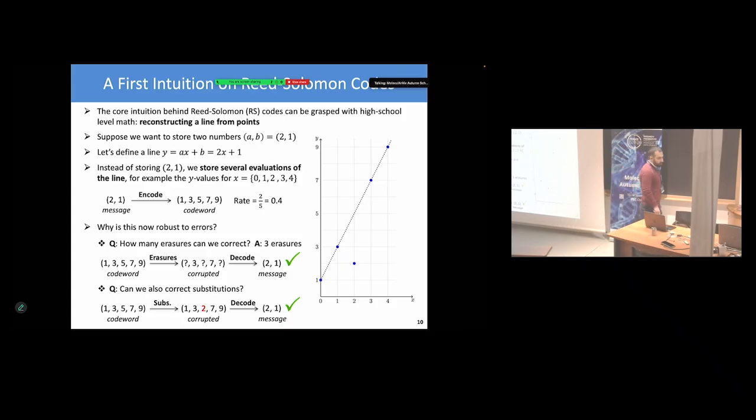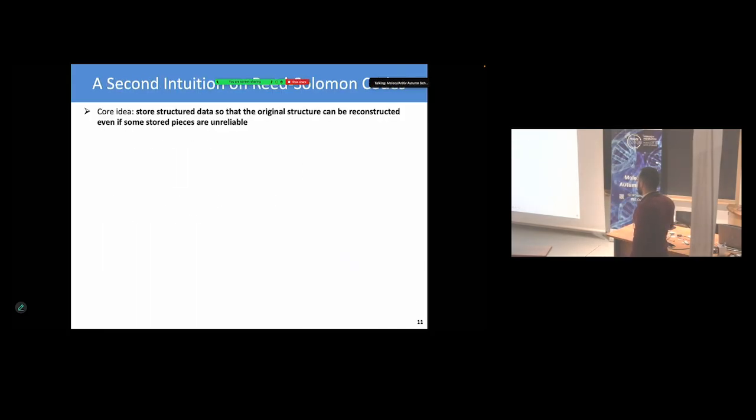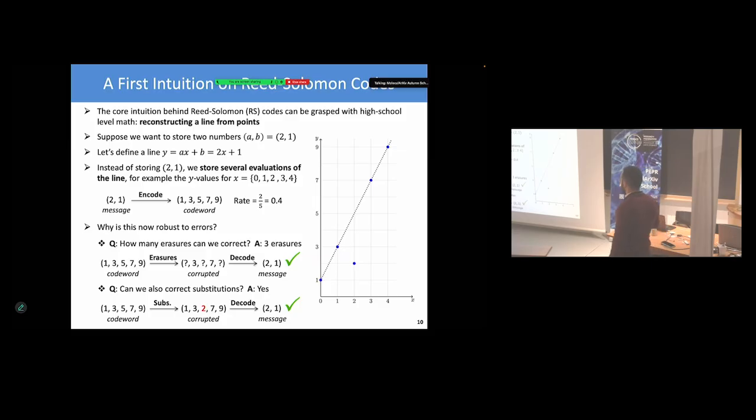Yeah, that's a good point. We didn't use that here, but in general it could be used. But as I will explain later, Reed-Solomon codes are defined over modular arithmetic, so you won't always have increasing numbers. If you do modulo 5 or modulo 7, then some numbers wrap around, but we'll get to that. So here we can decode, yes. Again, we were able to correct one substitution.